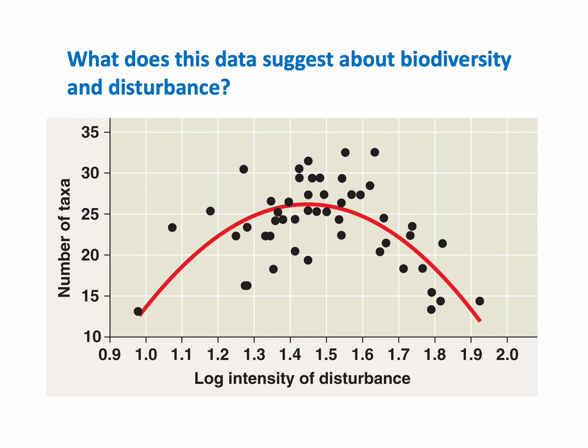But basically what it's saying is that at very high levels of disturbance, you have very low biodiversity, because there's a lot of disturbance happening all the time, so new species cannot come in and get established. If you have very low amounts of disturbance, you also similarly have fewer numbers of species.